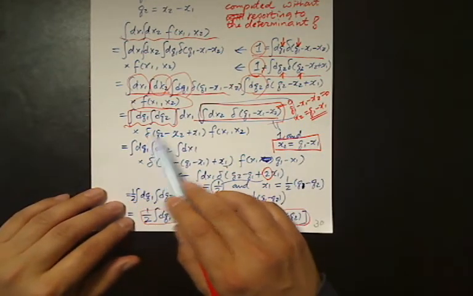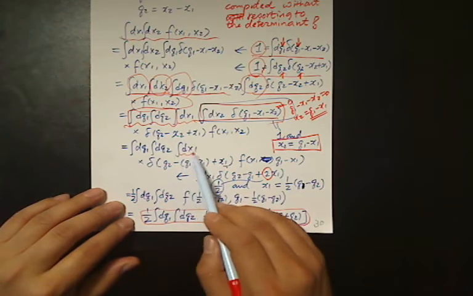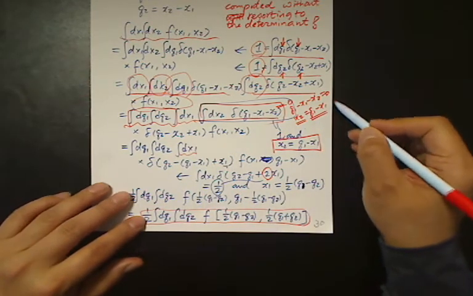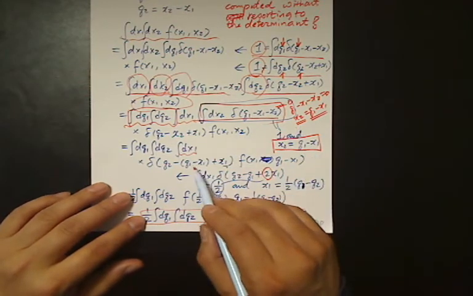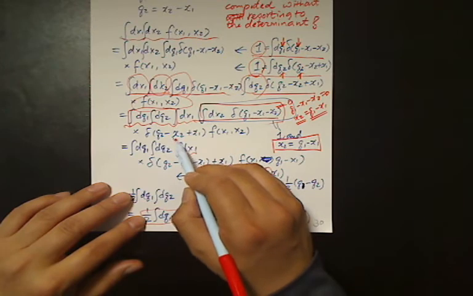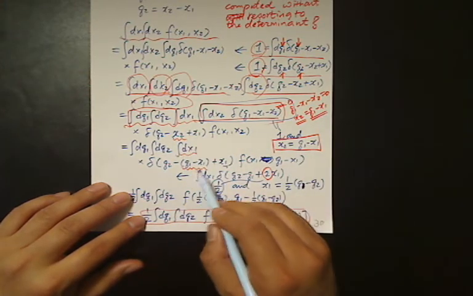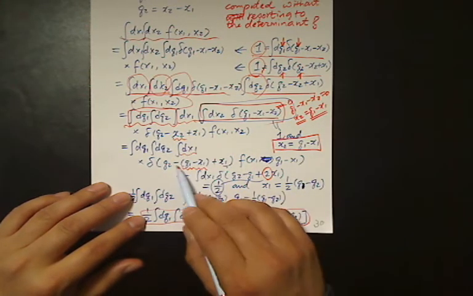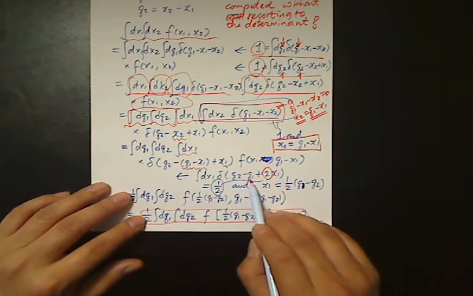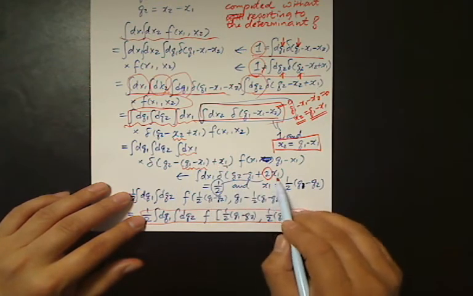And then we integrate over x1. Now, because we have replaced x2 with q1 minus x1, we also have to replace this x2 in here with q1 minus x1. But we find this value is q2 minus q1 plus 2x1.